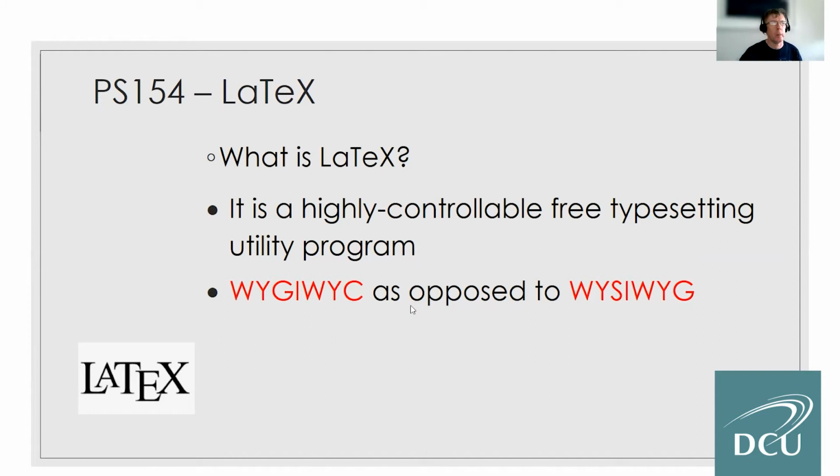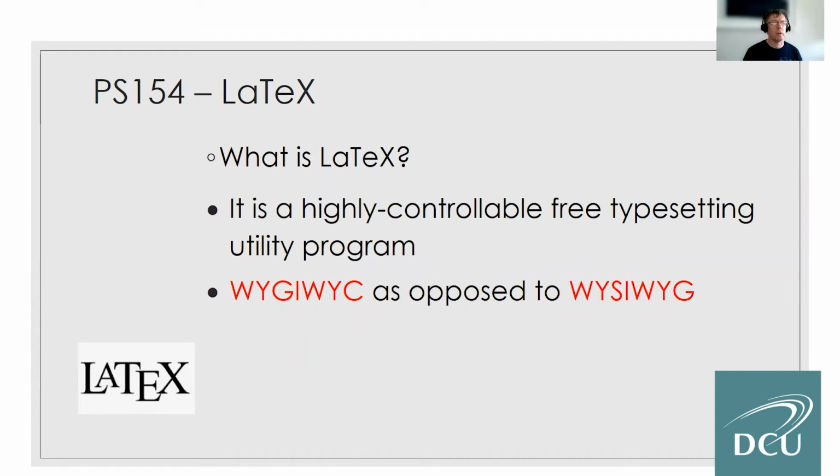You'll all be familiar with Microsoft Word, and Microsoft Word allows you to see the format of the document that you're creating as you create the document. And so Microsoft Word can be described by the acronym, what you see is what you get, or WYSIWYG.